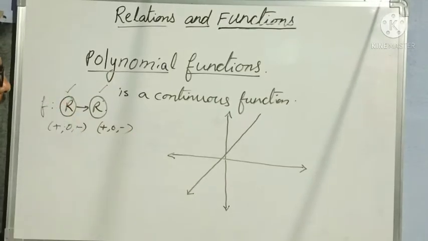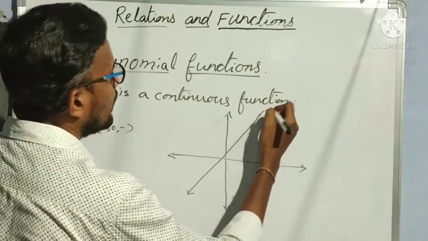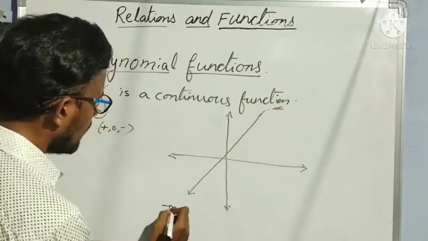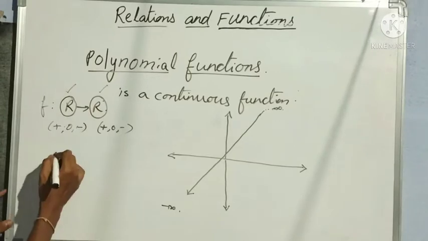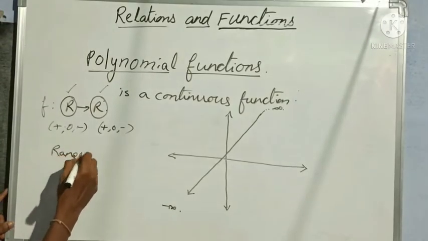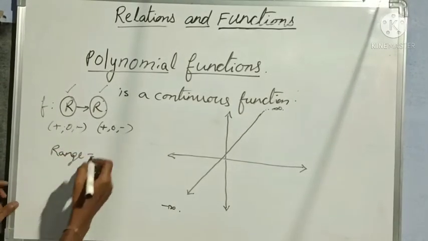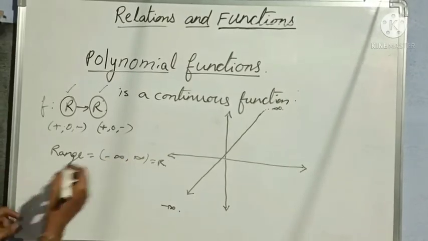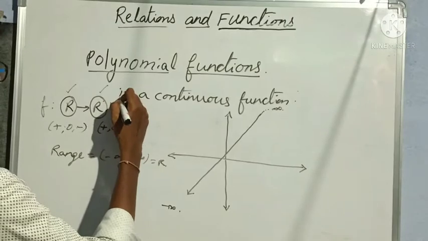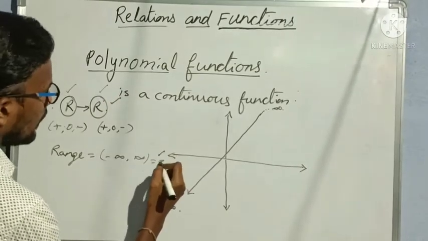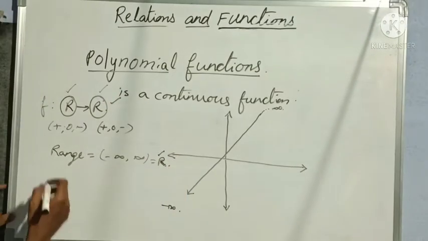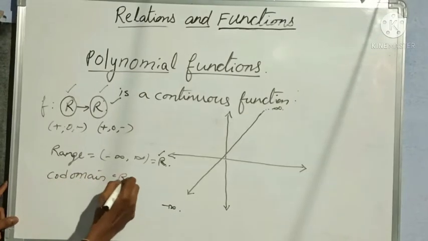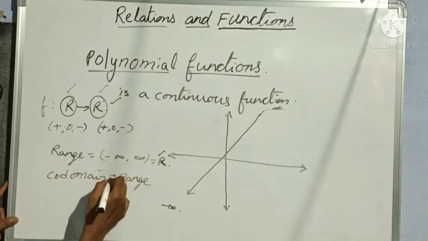What is the range of this function? If I extend this, it will go up to plus infinity, and here minus infinity. So the range of a linear polynomial is always minus infinity to infinity, which is nothing but R. If codomain is R and range is also R, then codomain is equal to range.